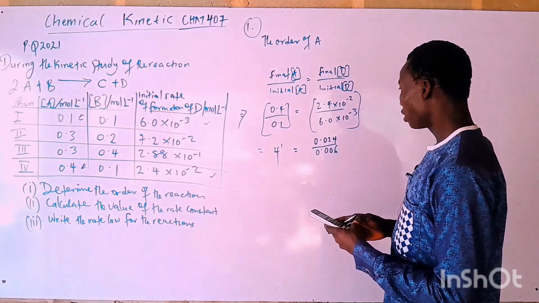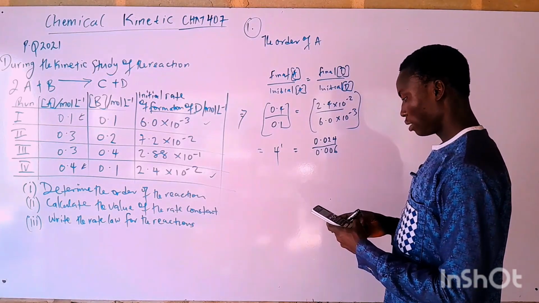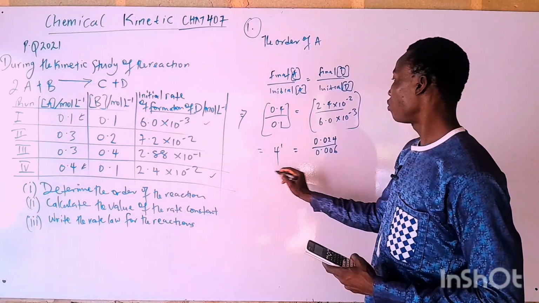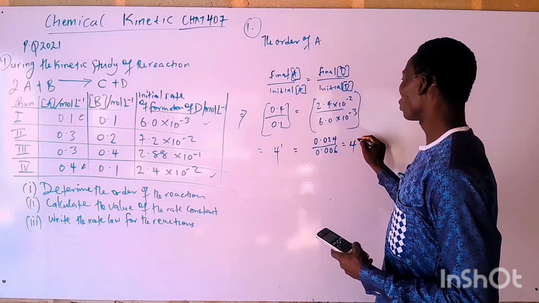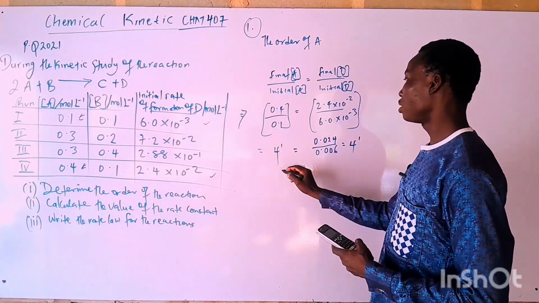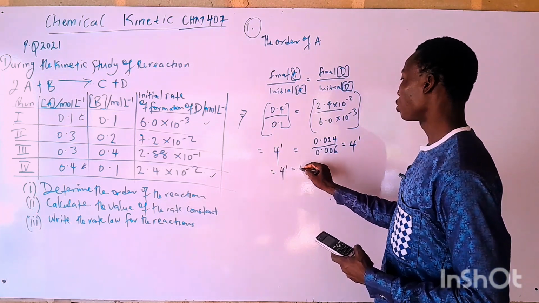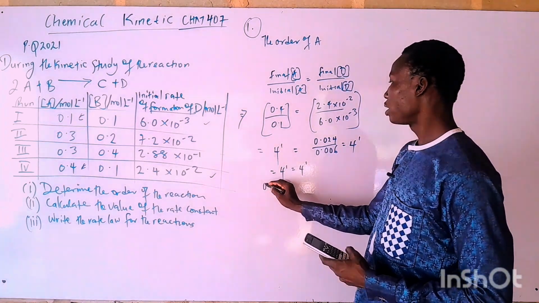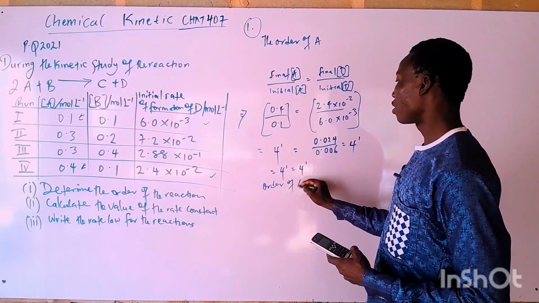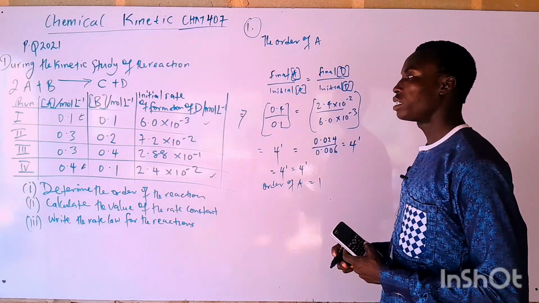That will also give us 4. So this one is also equal to 4. It's 4 raised to power 1. So we have 4 raised to power 1 equals 4 raised to power 1. So order of A equals 1 in this place.